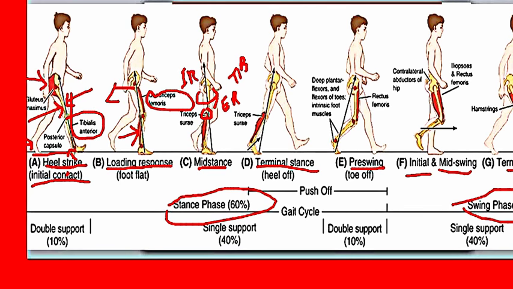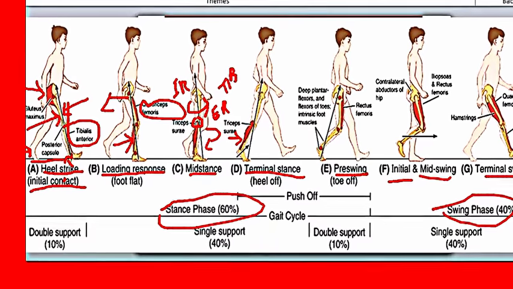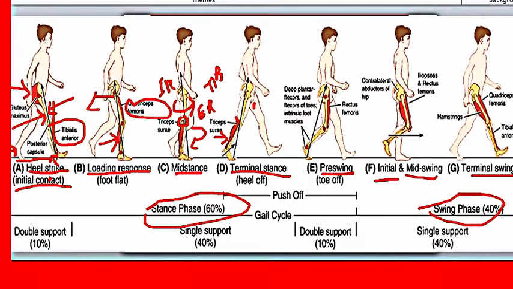So the internal rotation of the femur and external rotation of the tibia is what's called a lock-in mechanism. Then from mid-stance to terminal stance, you have the external rotation of the femur and the internal rotation of the tibia. So the lock-in mechanism ceases and it unlocks.